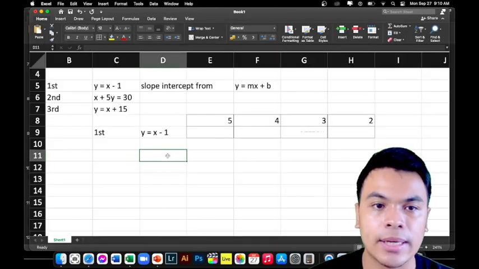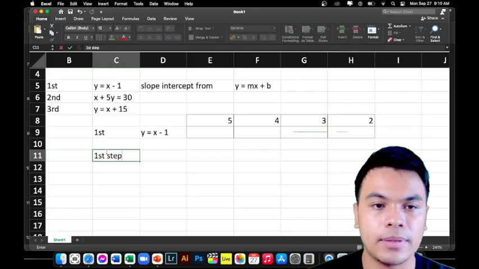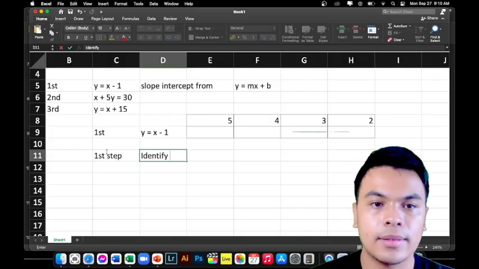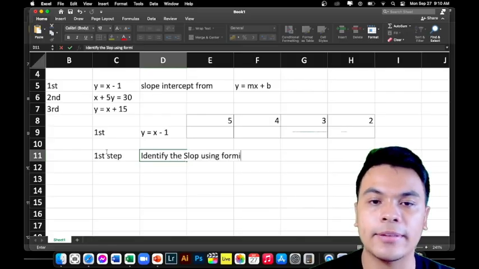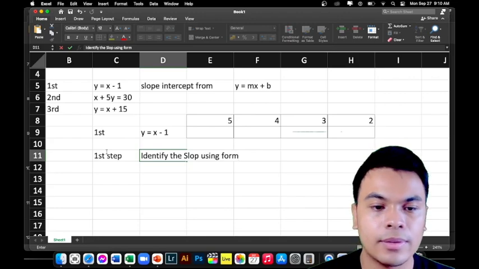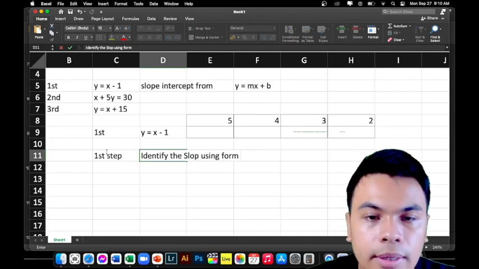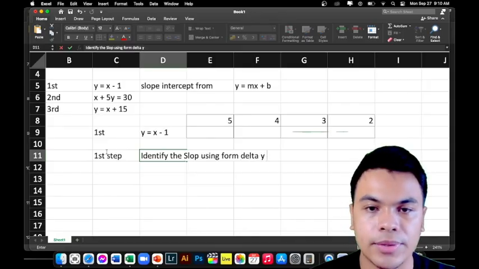Now let's write the steps. First step, identify the slope using the formula. What is our formula again? That is delta y over delta x.